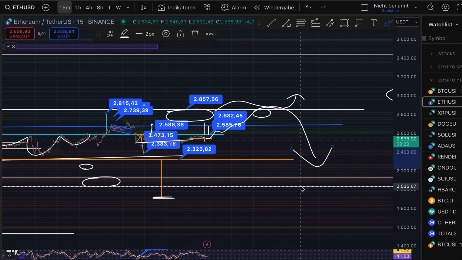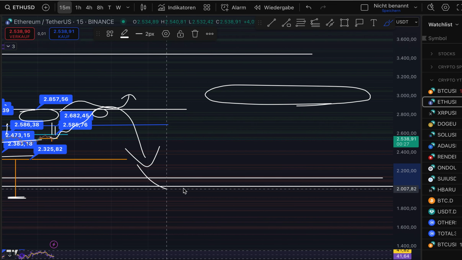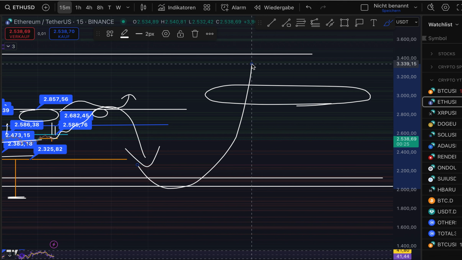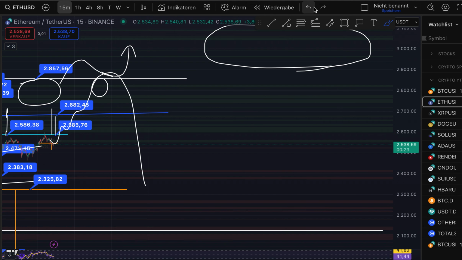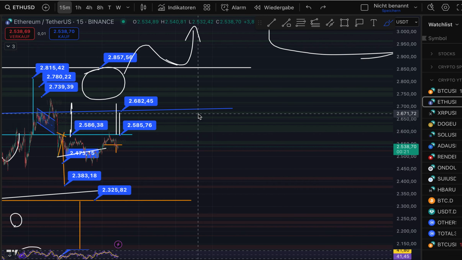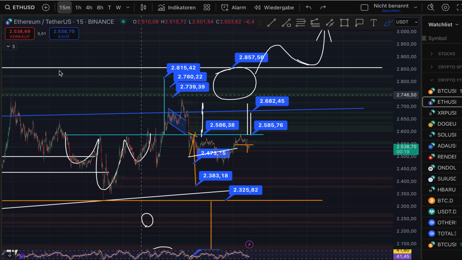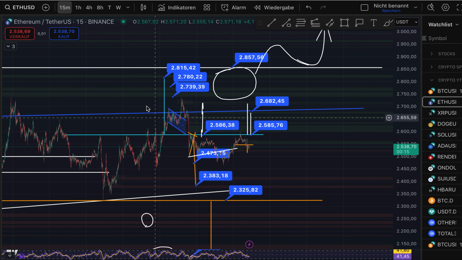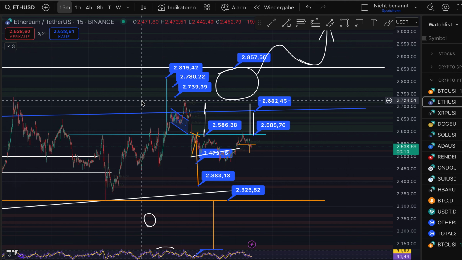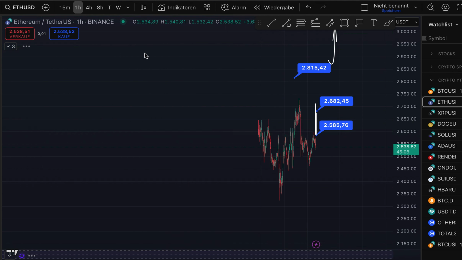And then we have to see if we get this push afterwards. So, what do I also see? If we don't get another push to the upside, then we have to switch into the 1 hour chart.